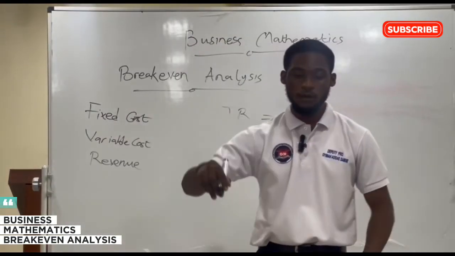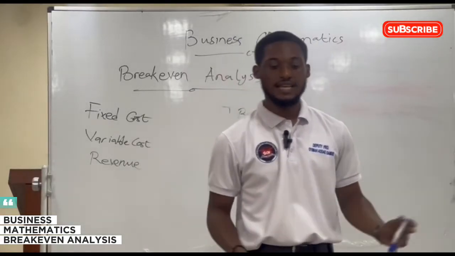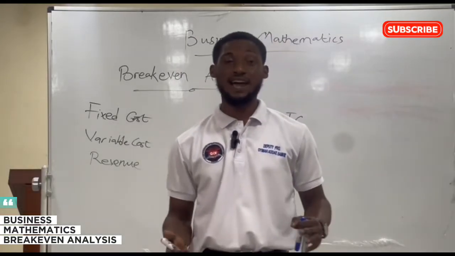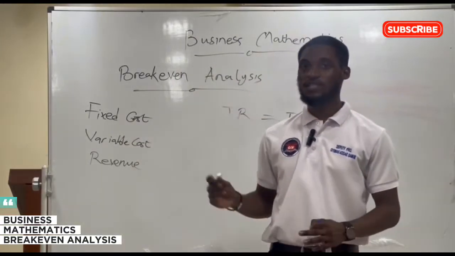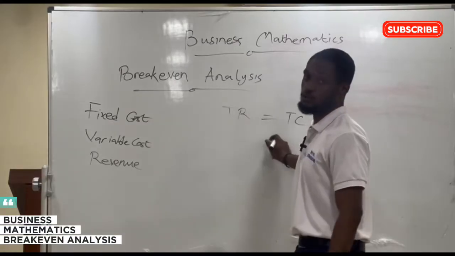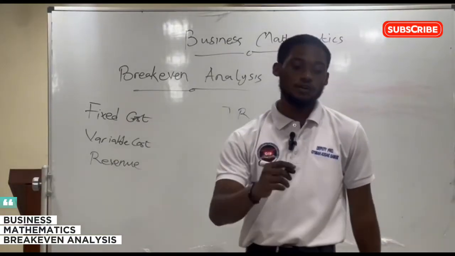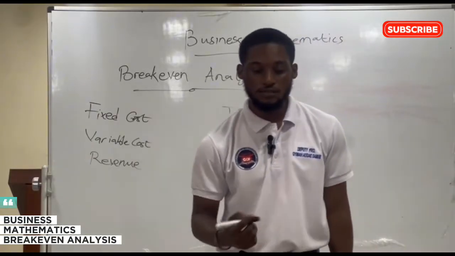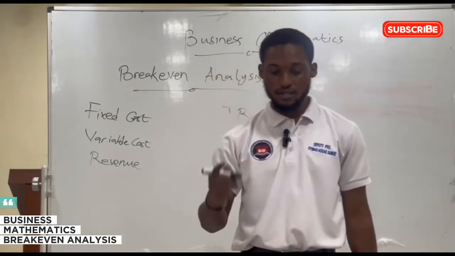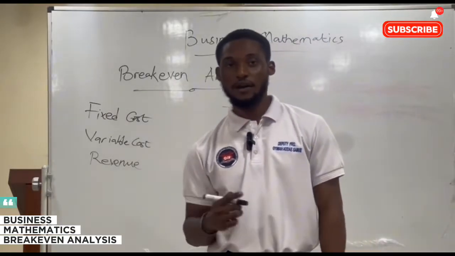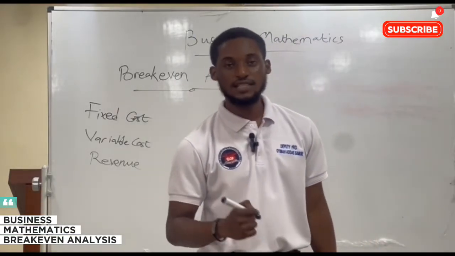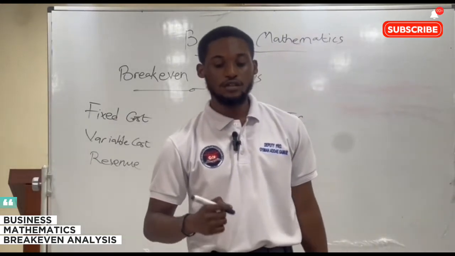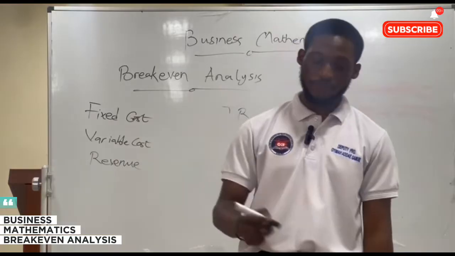Now we move on to contribution per unit. As I said, the break-even point is the point at which a company makes neither a profit nor a loss, which is total revenue equals total cost. Contribution per unit is sales price minus the variable cost per unit. It measures the contribution made by each item of output to the fixed cost and profit of the organization.